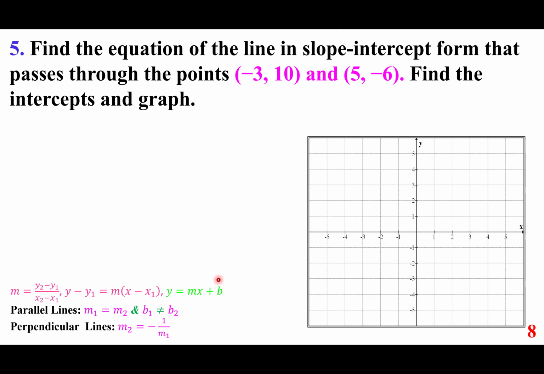To find the slope, rise over run, y sub 2 minus y sub 1 over x sub 2 minus x sub 1, minus 6 minus 10 over 5 minus minus 3. So that's the first step. Negative 16 over positive 8 is negative 2.